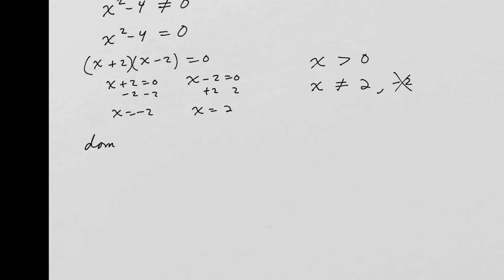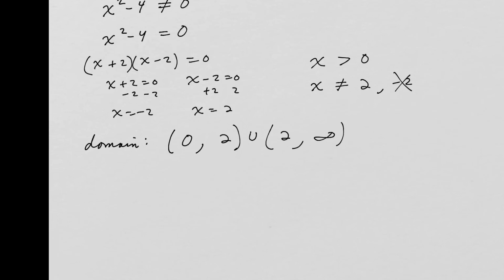Well, the domain, in interval notation, is going to go from 0, but not including 0, all the way to 2, but not including 2, union 2 to infinity. So that would be the domain of that quotient, h divided by m.